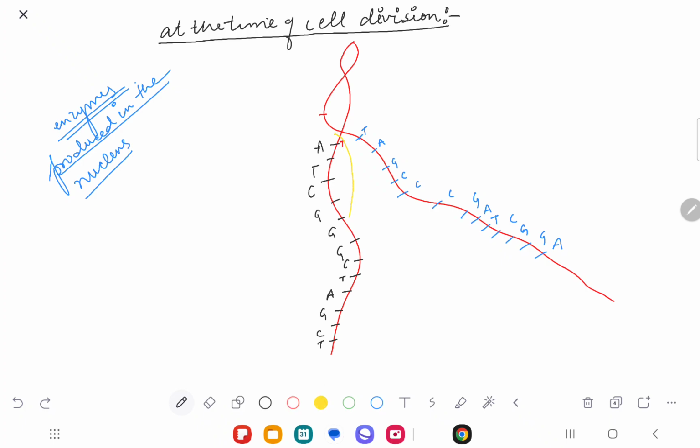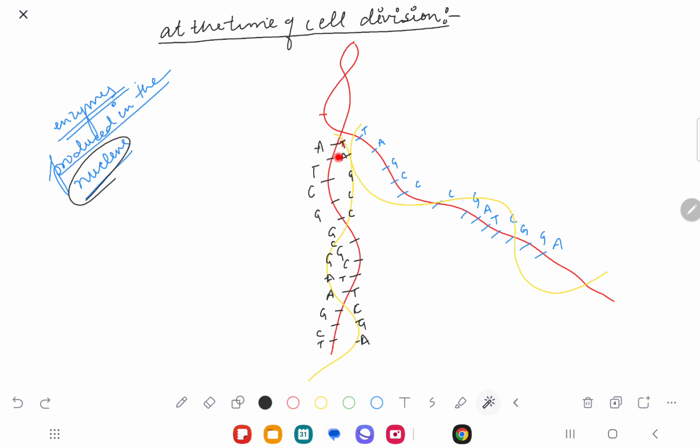This new chain starts to produce like this. And how are they held together? So new enzymes are definitely being produced in the nucleus itself. So right in front of A would be T, in front of T shall be A, G, C, C, G, C, C, G, A, T, C, G, A. Are you understanding my point?